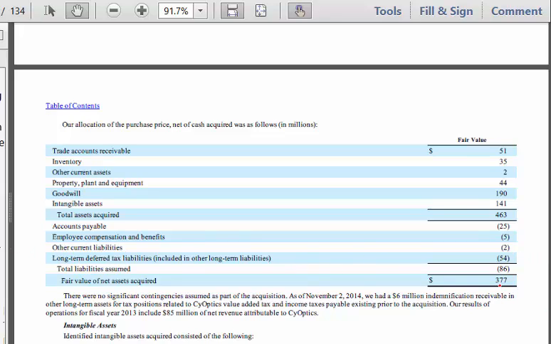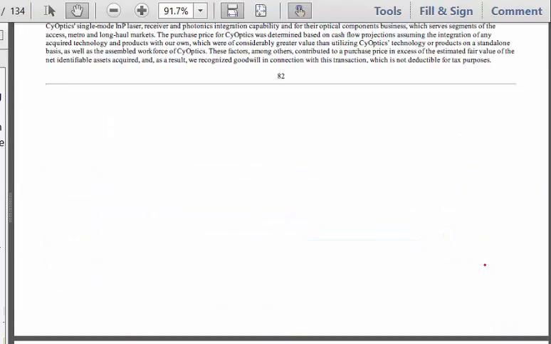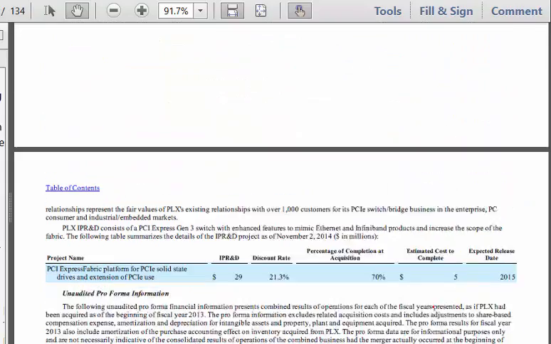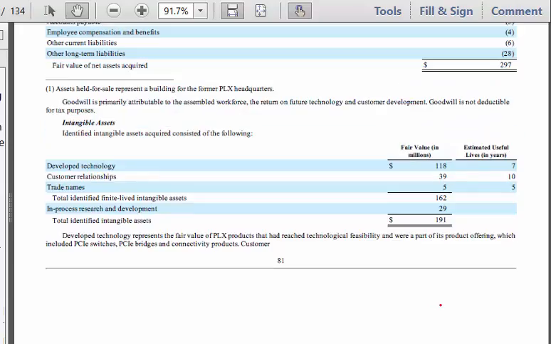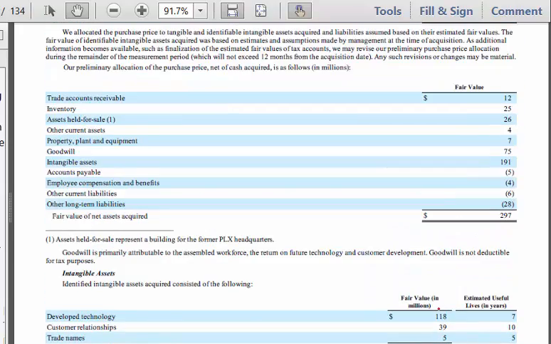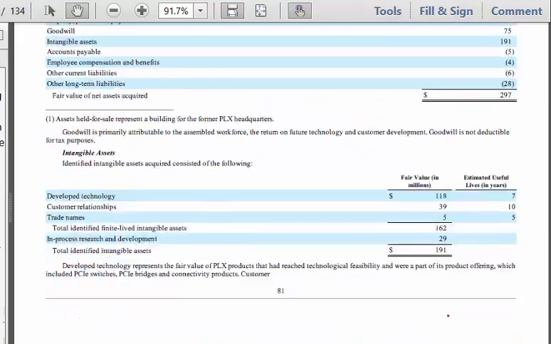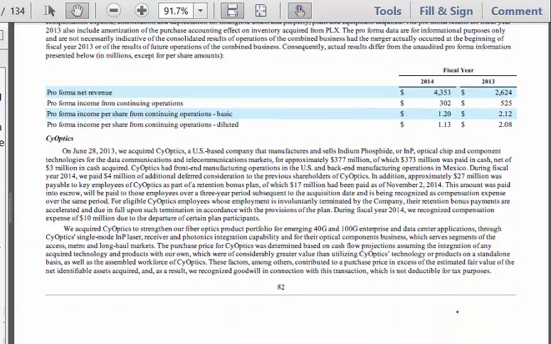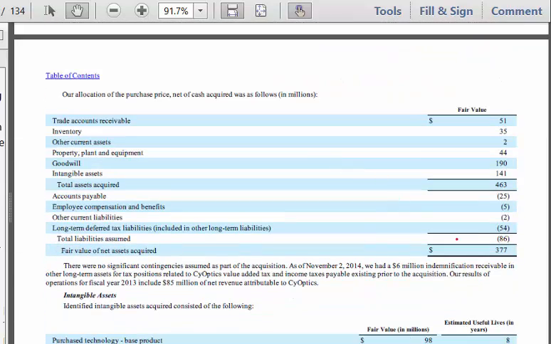So they say we paid $377 million. Psyoptics. Yes, we paid $377 million. So then we go down, we do our purchase price allocation. It's all going to net to $377. We got assets of 463. We assume liabilities of 86, but in those liabilities assumed was 54 million of deferred liabilities.